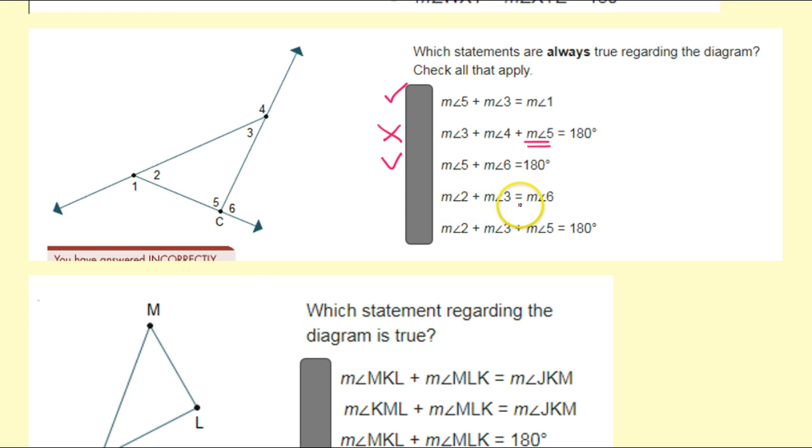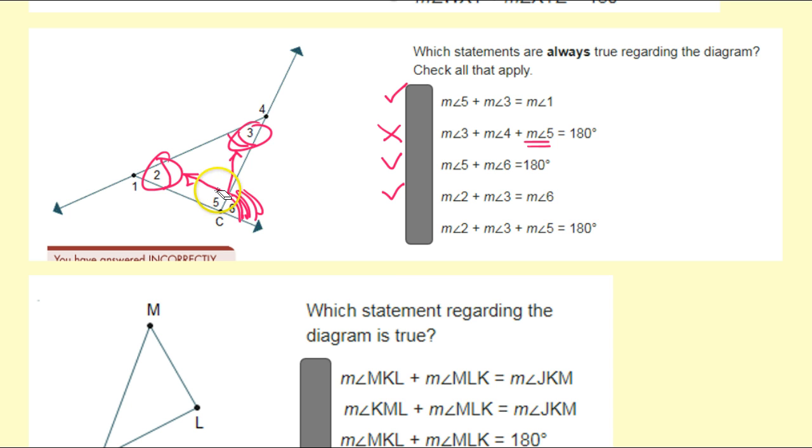Let's see, angle 2 plus angle 3. This is angle 2, this is angle 3. Will they add up to angle 6? Well, that is always true. Again, this is an exterior angle, and these are the two remote interior angles, the two interior angles that are not touching it.